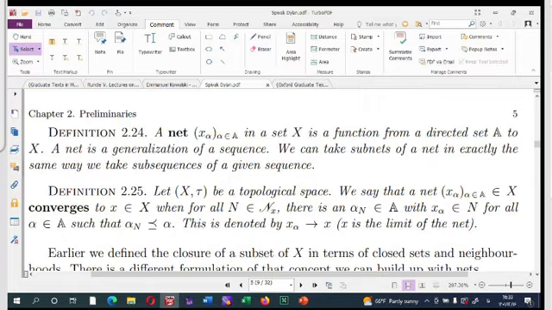We can take subnets of a net in exactly the same way we take subsequence of a given sequence.